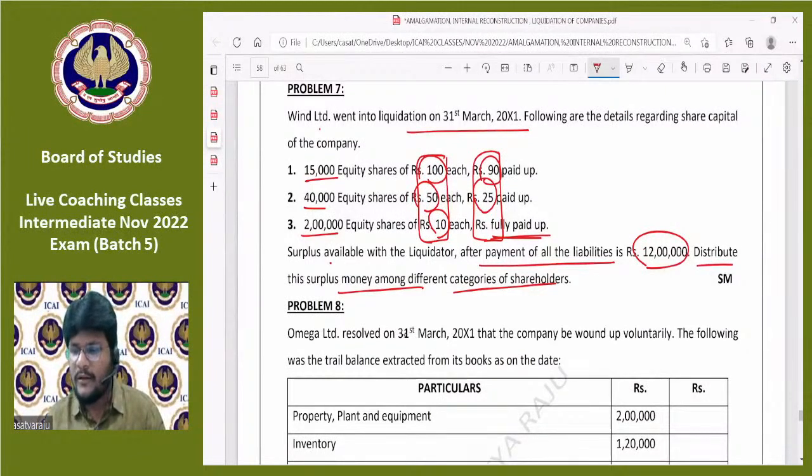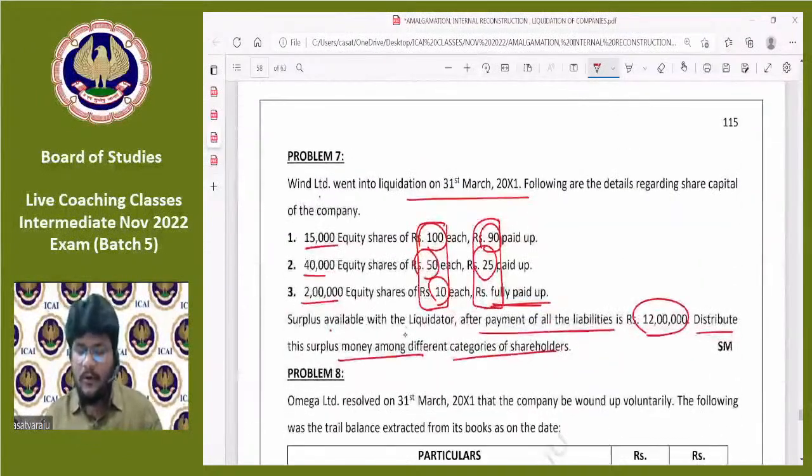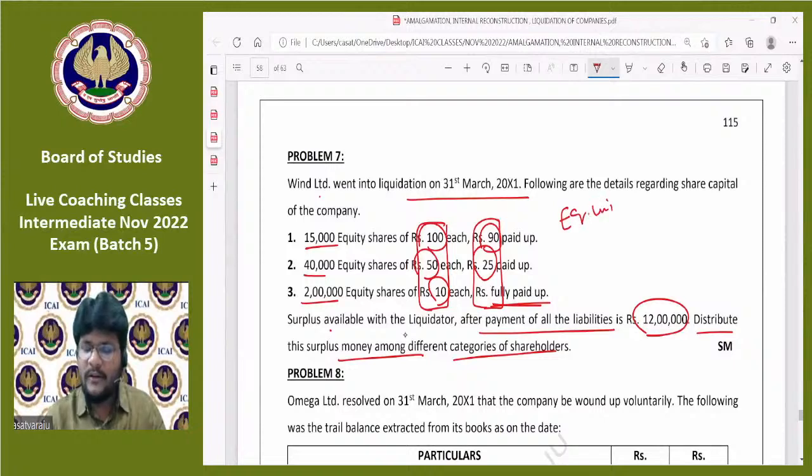Sir, what are you talking about? If you convert 7 into 6, meaning if you convert the face values to be equal, then the problem will automatically look like problem number 6. Do you agree, all of you? Now, to convert all the face values to the same figure, we need to apply the equivalent units concept.